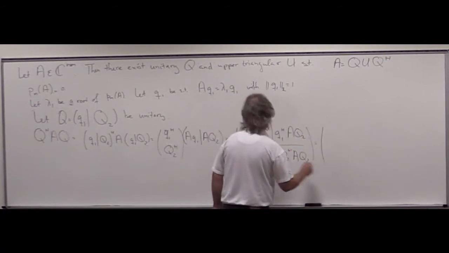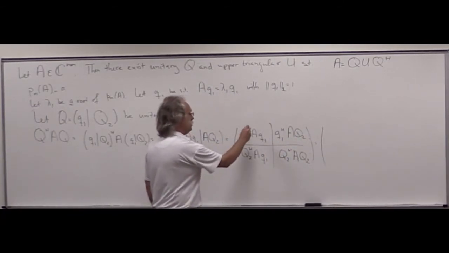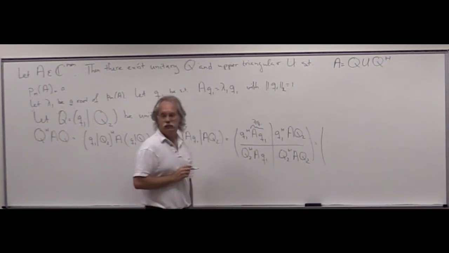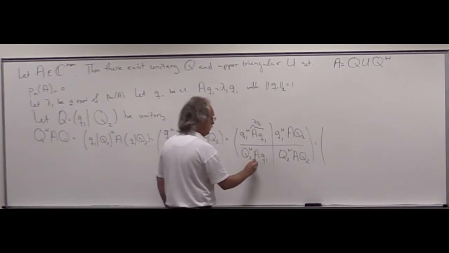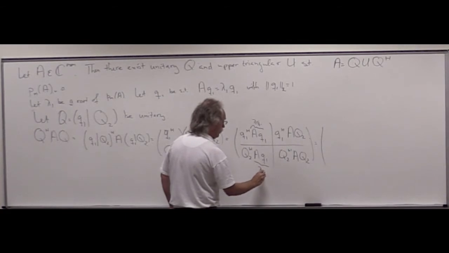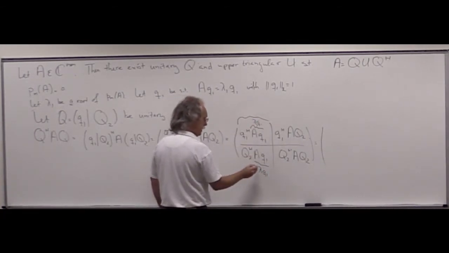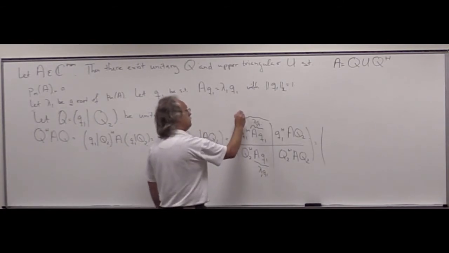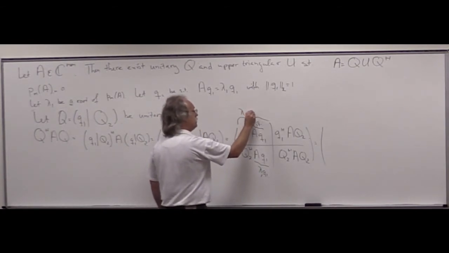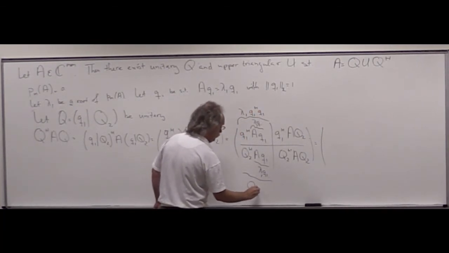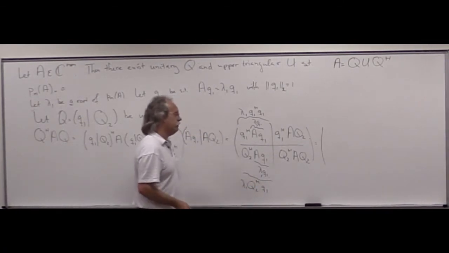But we know that this is just lambda times Q1. And we know that this is just lambda times Q1. And that, of course, means that this is just, oops, that should be lambda 1. And that just means that this is just equal to this right here. And this is equal to Q2 Hermitian Q1 times lambda 1.